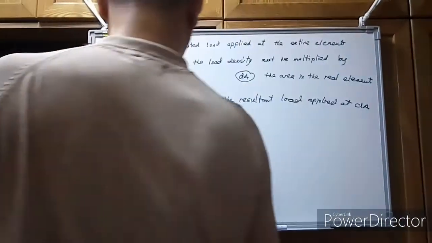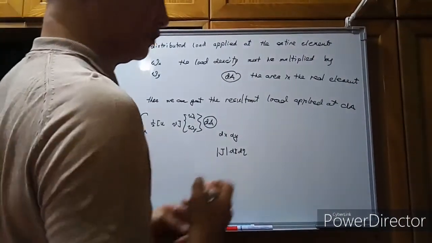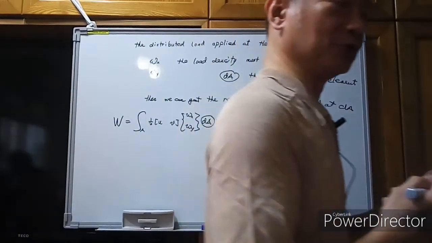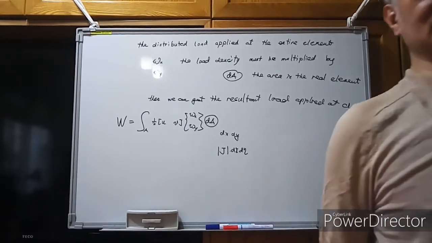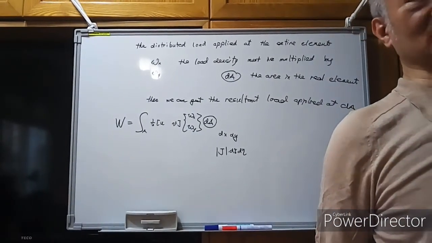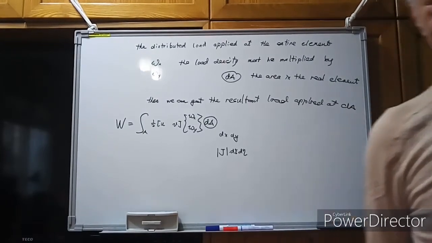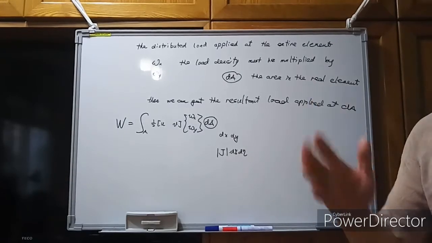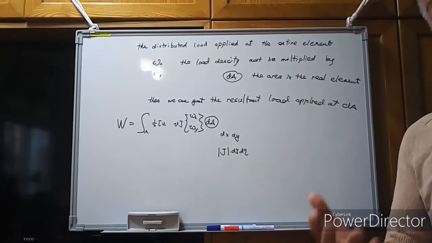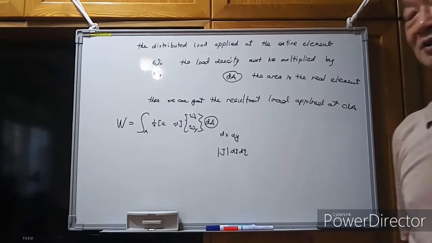And also remember, we have the mapping and the inverse mapping between the real element and the mass element. And it is always more convenient to consider the corresponding area or the corresponding line in the mass element, since all functions are defined in the mass element.